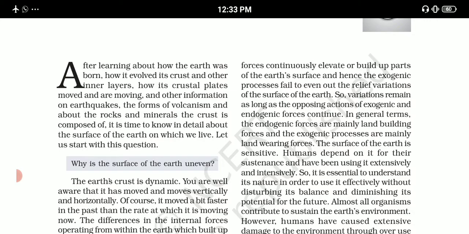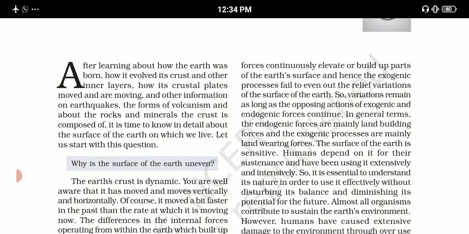In general terms, endogenic forces are mainly land building forces and exogenic forces are mainly land wearing forces. Read this carefully. Now the surface of the earth is sensitive.